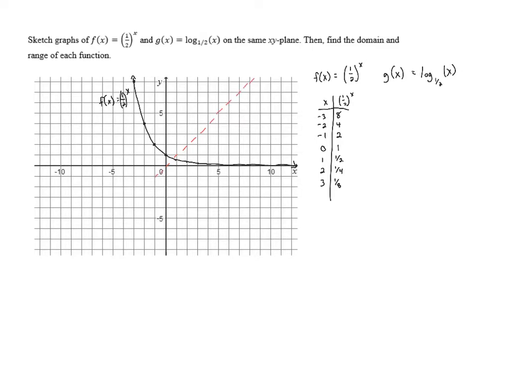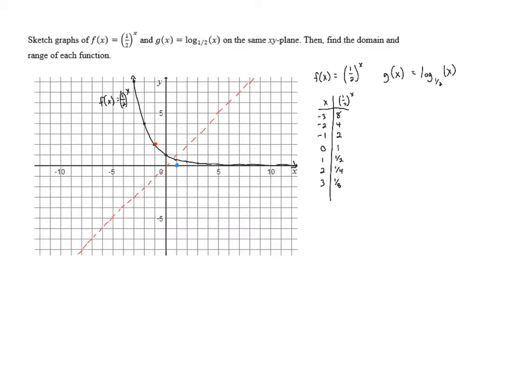So we can take advantage of this when we sketch the graph of our logarithmic function. And for every point we have on our original graph, we can take the point where the coordinates are swapped for the other graph. So here, instead of 0, 1, we're going to have 1, 0.